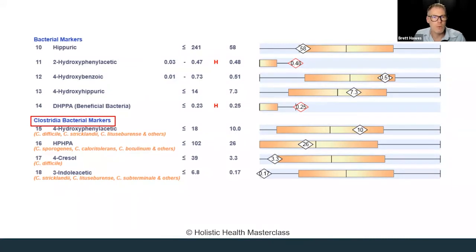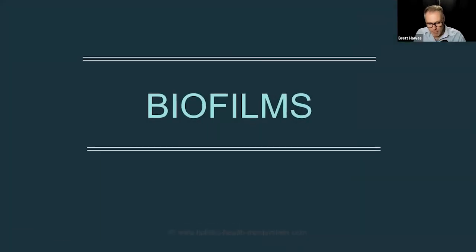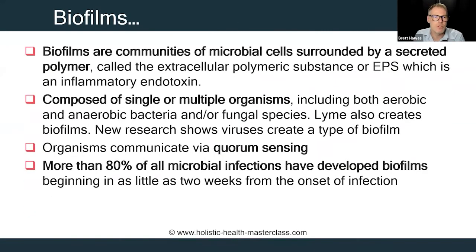Okay, so let's talk about biofilms here, okay? And I'm assuming everyone has heard of biofilms, even though you might not fully know what they are. Biofilms are communities of microbial cells surrounded by a polymer called extrapolymeric substance, or EPS.